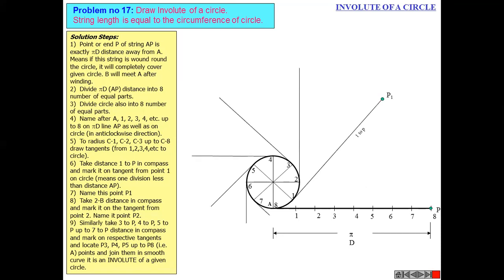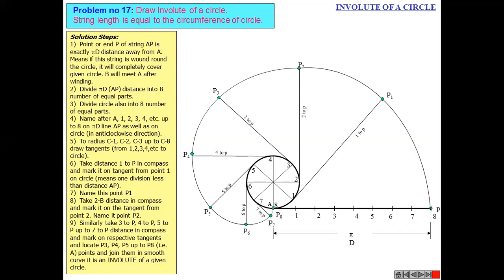On that tangent, take the length starting from 0 up to the end of the thread length, which is demonstrated by P. Fine. So whenever the string length is longer, P will be beyond this number 8, or say beyond the pi d length. If the string length is shorter, P will be within this pi d. It won't match at A in those cases. And accordingly, we drew the involute like this.